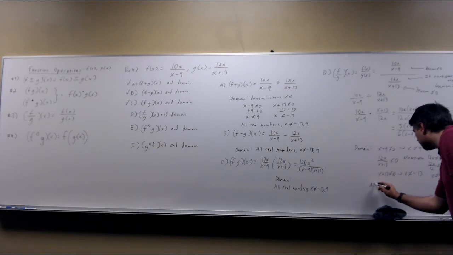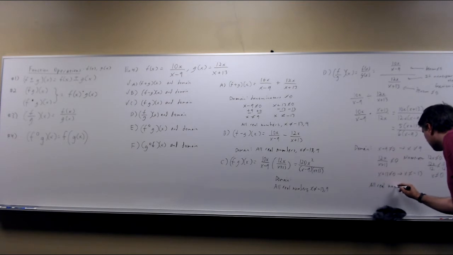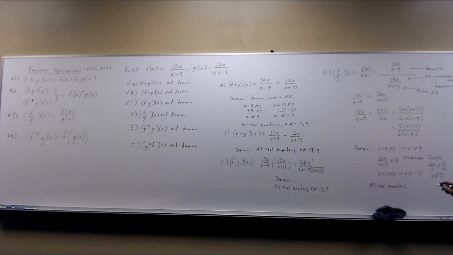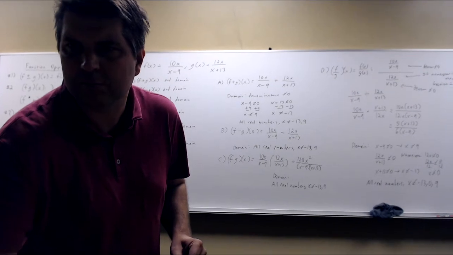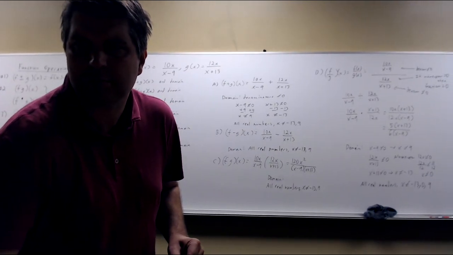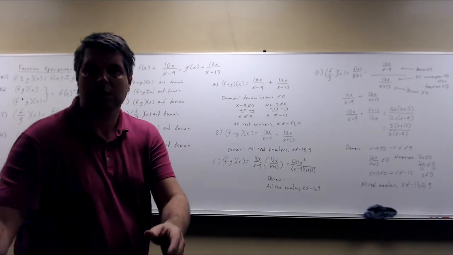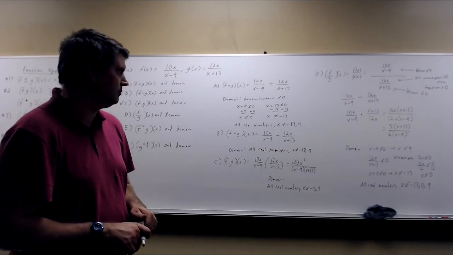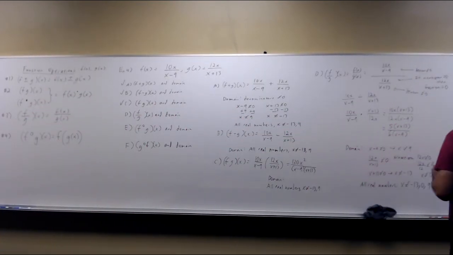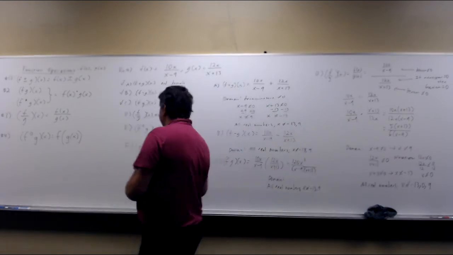So all real numbers, with the exception that x cannot equal negative 13, 0, or 9. All right, so D is done.